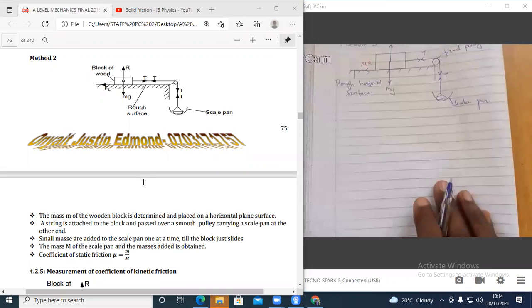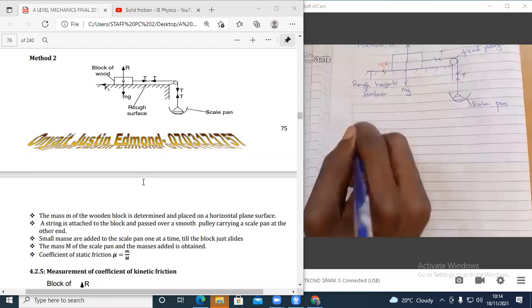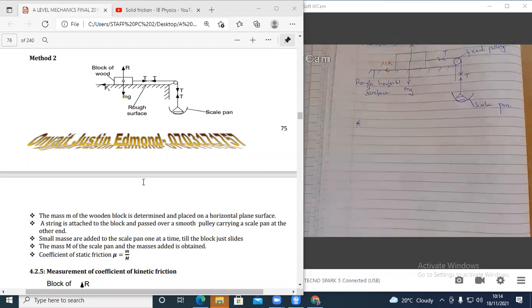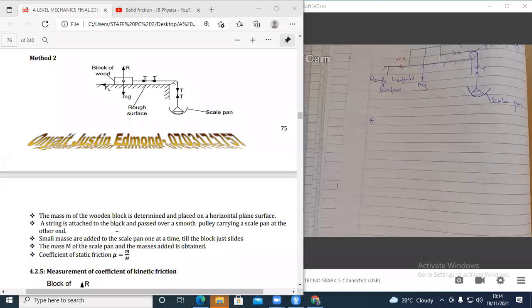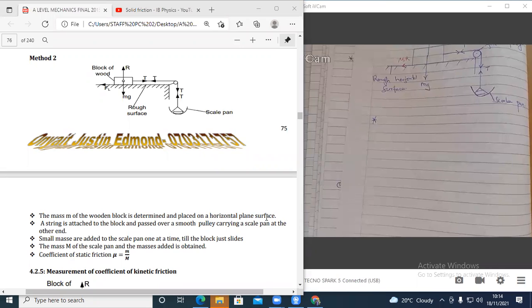Like that. So the first step: the mass M of the wooden block is determined and placed on a horizontal plane surface, like you can see from our diagram. Then a string is attached to the block and passed over a smooth pulley.